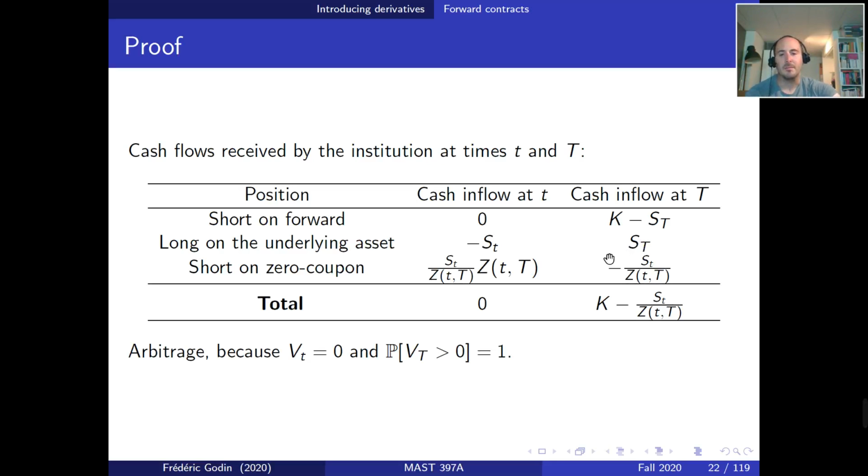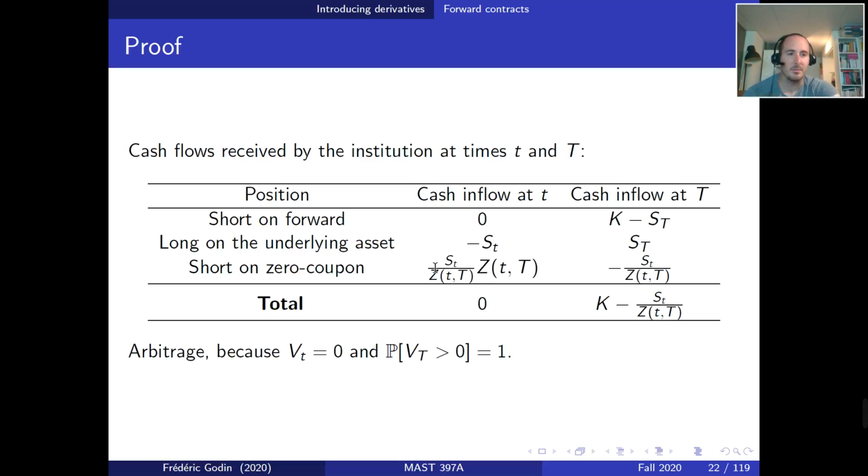And finally, for the last position, we said we sold short an amount of zero coupons, and the number of positions sold short is the following term. We said we're selling short S_T divided by Z positions.